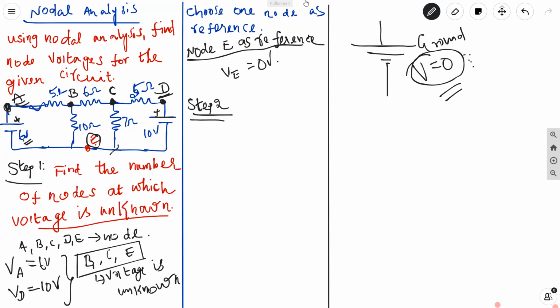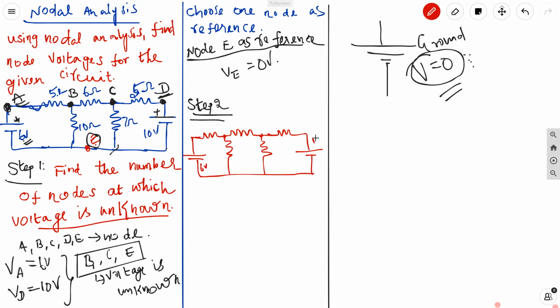Okay. So for that, I will draw the circuit once again. This is 6 volt.